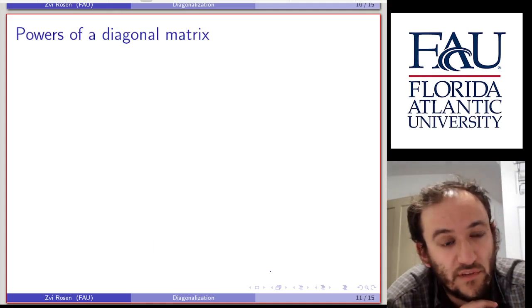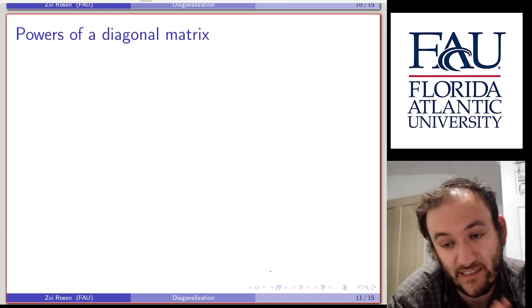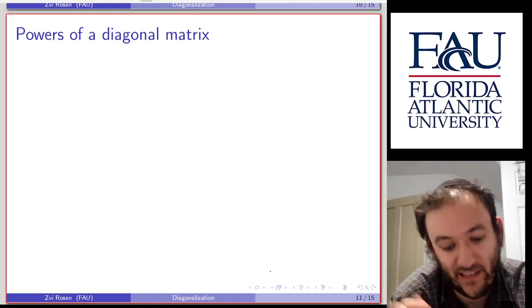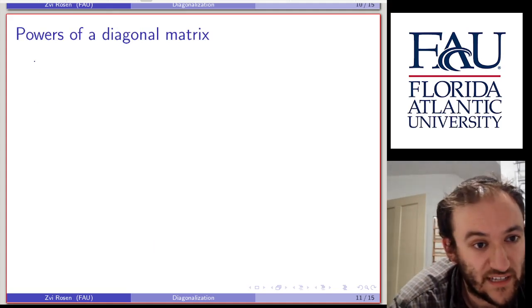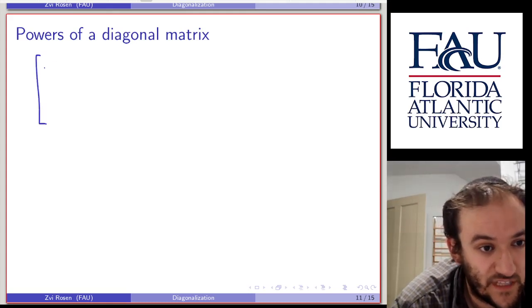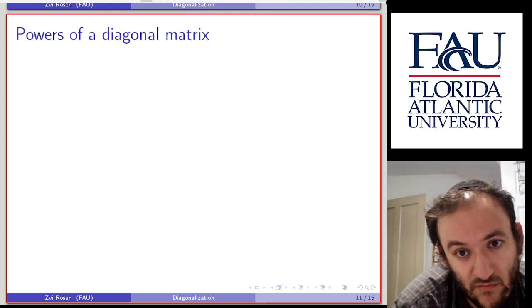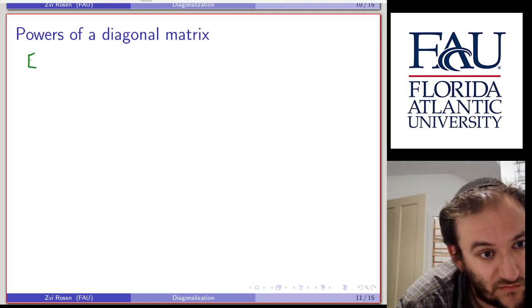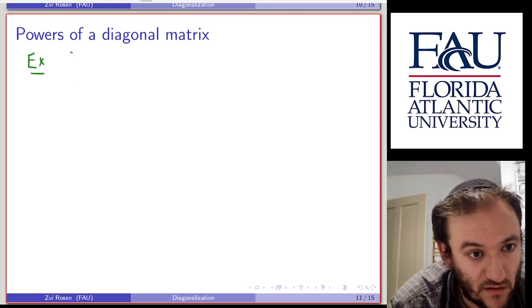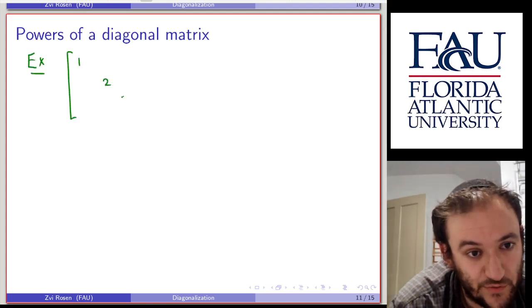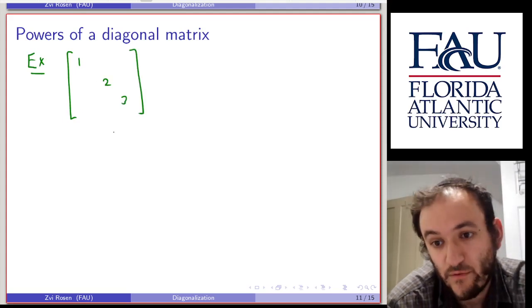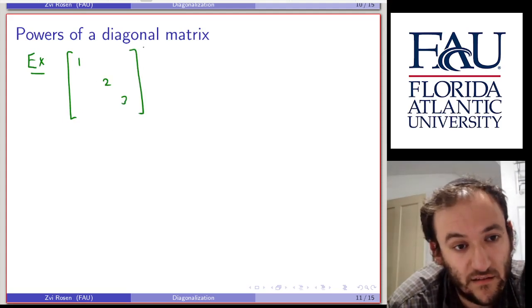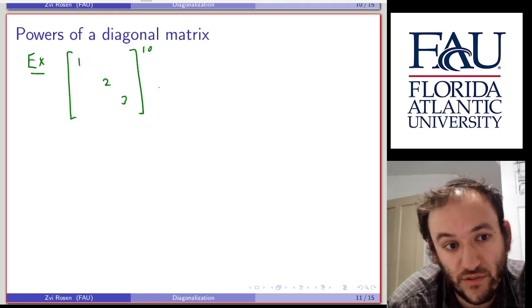So now let's suppose we have a diagonal matrix before we get into diagonalization. Suppose we have a diagonal matrix like, as an example, 1, 2, 3. How do we take the 10th power of 1, 2, 3?